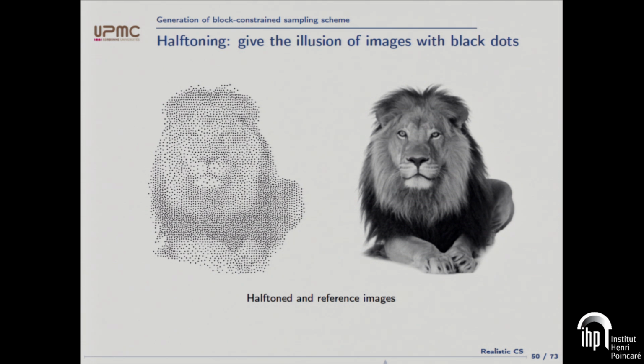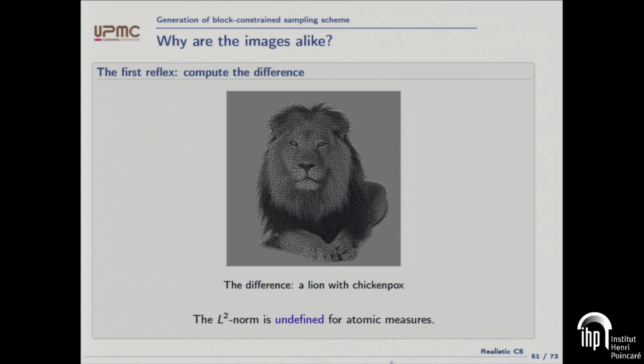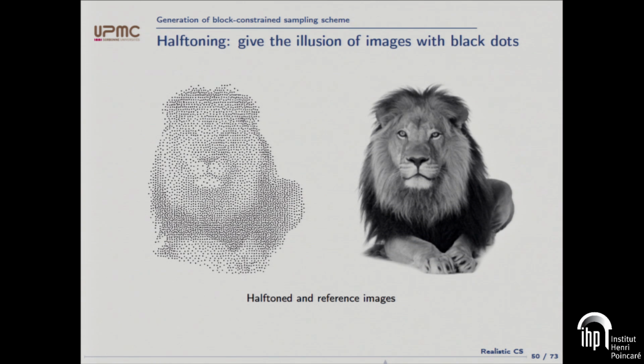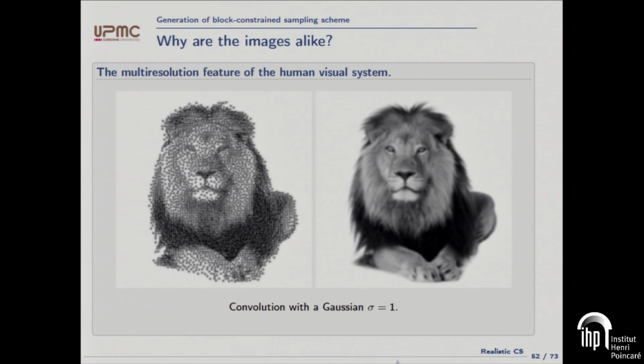Do you know it? There is no math here, so feel free to answer. The first reflex could be to compute the L2 difference. But if you do so, you will have a huge discrepancy between your target image here and your Dirac masses image. So the key is actually to blur these two images.